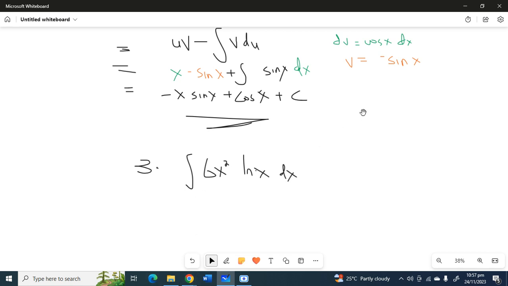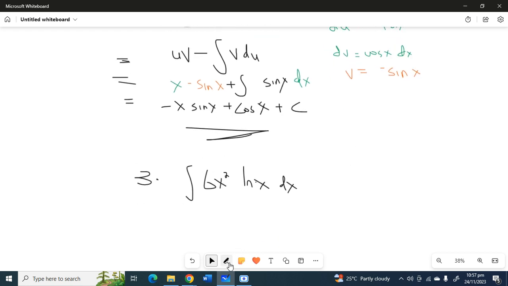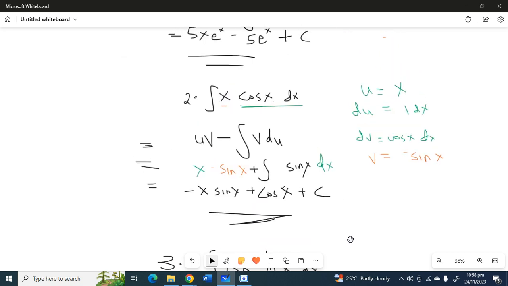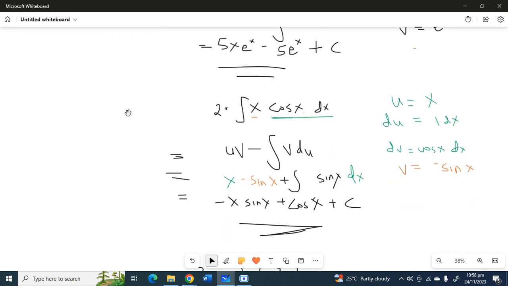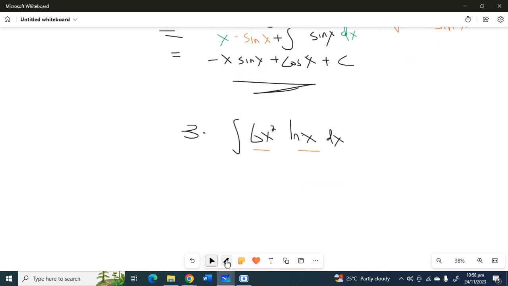So let's just see, we've got an algebraic function and we have a logarithmic function. So if we remember our order, logarithmic functions, when picking u and there's a logarithmic function, you choose it, all right? Because it comes before our algebraic expression. So our u will be the logarithmic function.